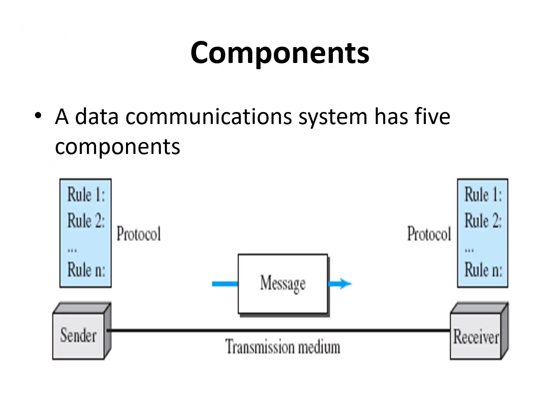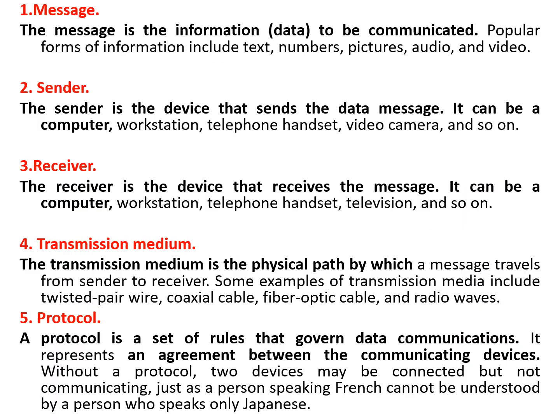Now we talk about the various components which are involved in data communication. There are 5 components: the protocol, sender, receiver, a message, and the transmission medium. The message is the useful information or the data which is to be communicated between the two ends.